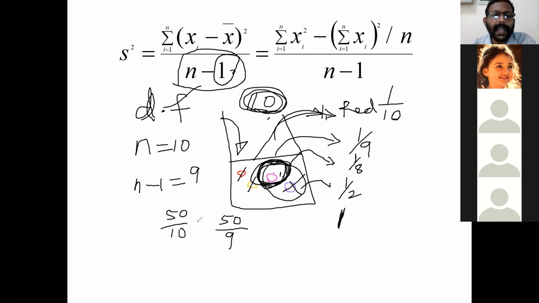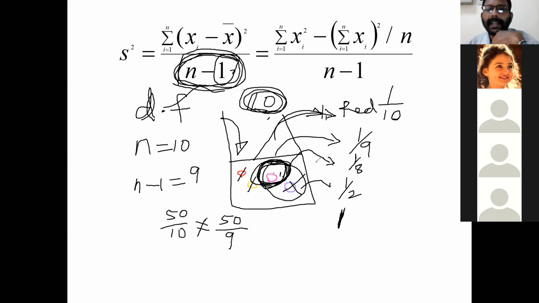Can we say these two are equal? We can't. Why? Because 50 divided by 9 will have a slightly larger value than 50 divided by 10, so they are not equal. That is why we write the degrees of freedom for a sample as n minus 1. Sample degrees of freedom is always n minus 1.